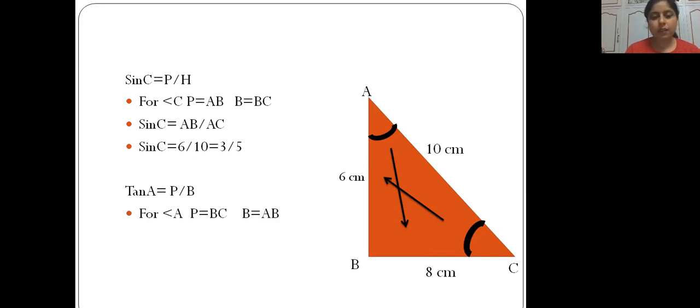So by putting the value of this perpendicular and base, that is BC by AB, value of BC is 8 centimeter and AB is 6 centimeter, and lowering these terms, we get the value of the tangent, that is 4 by 3. Okay. So I hope you are clear about that, in which case we have to take which side as a perpendicular and other one as a base.